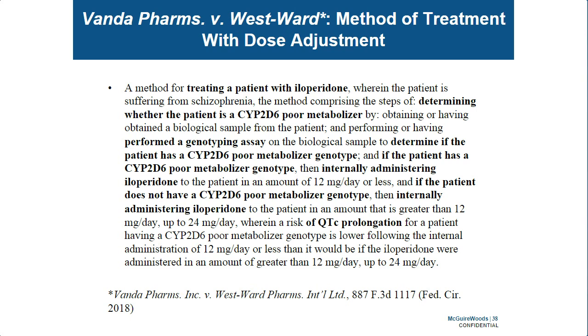But if you determine that the patient does not have this particular genotype, then you administer this drug to the patient in a greater amount. So basically, that's the invention. And the argument was, well, that's a law of nature. That was argued by the defendant in this case.